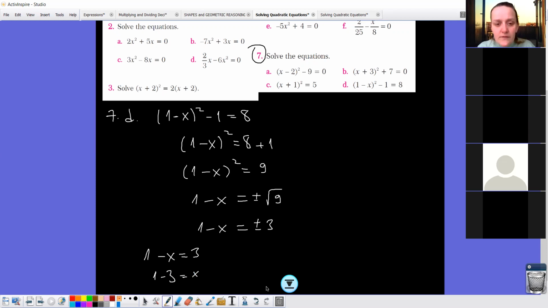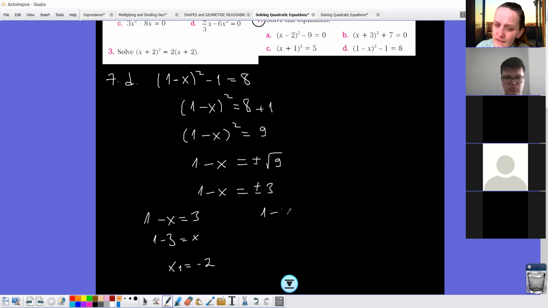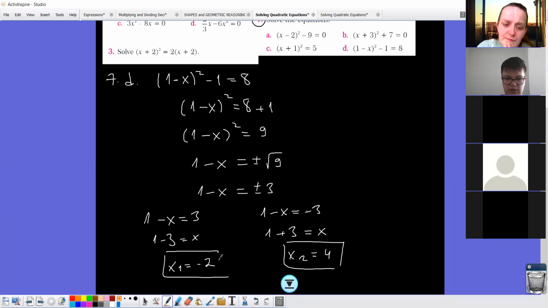Then x1 is equal to minus 2. For the other one, minus 3, I will take 1 plus 3, equal to x. Then x2 will be 4. So as you can see, we have 2 solutions.